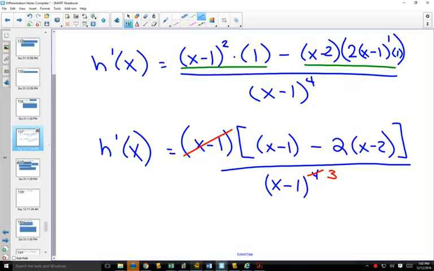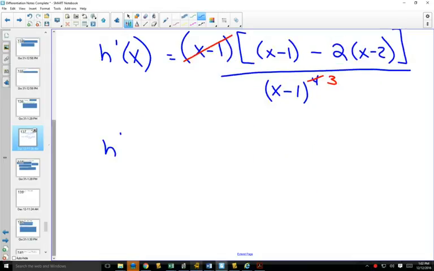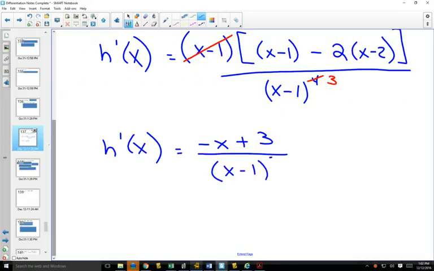And what I'm left with on top, x minus 1 minus 2x will give me a negative x, a negative 1, plus 4 will be plus 3, over (x minus 1) cubed.